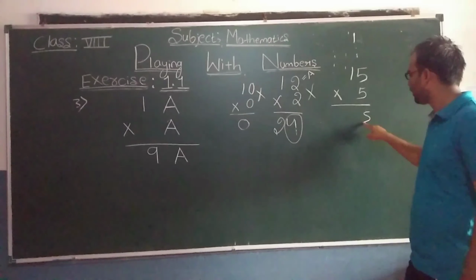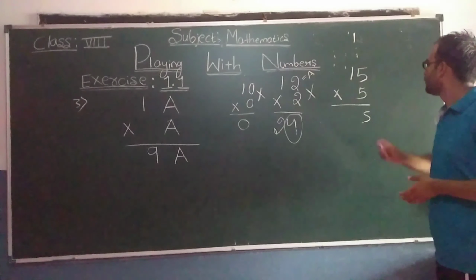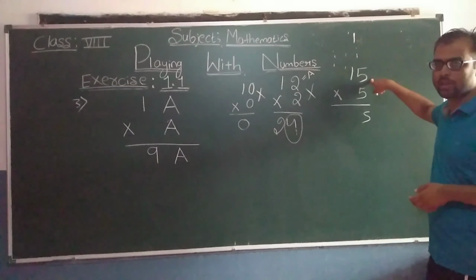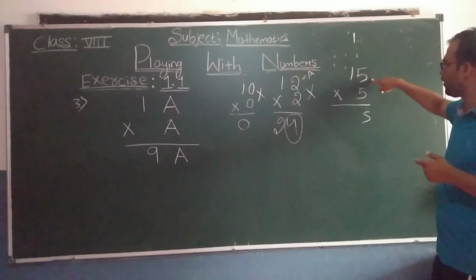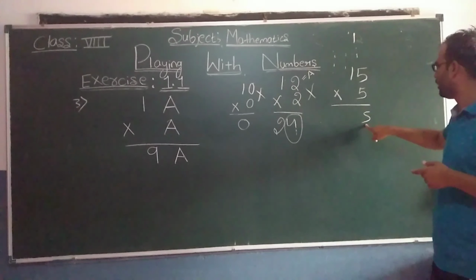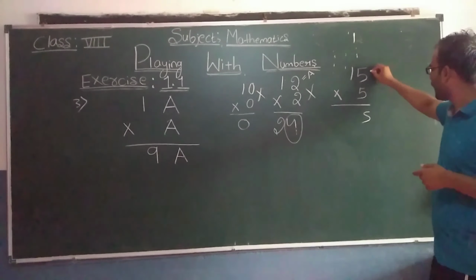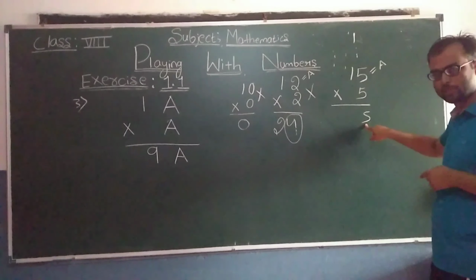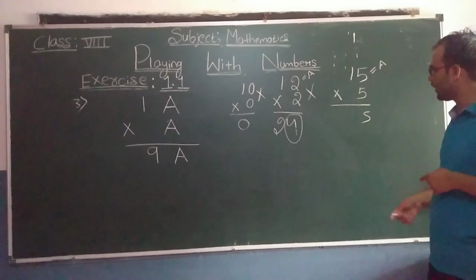So here we have got 5 at the ones place. We have taken a as 5 and we have got the same. At the ones place also we have got a only, no? 5 into 5 is 25, and at the ones place we are getting 5. So let us try this one.